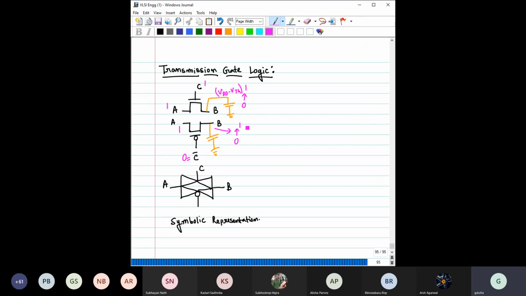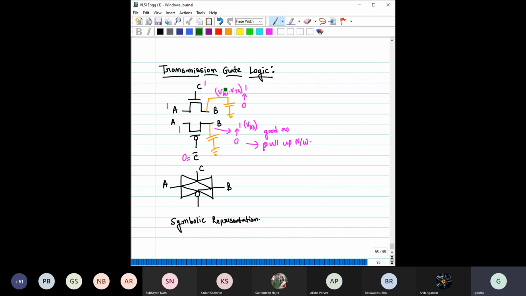That means you can go completely to VDD, right? So basically you see this PMOS is good as a pull up network. We have already discussed this, right? It is good as a pull up network.